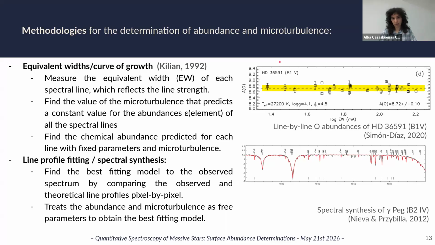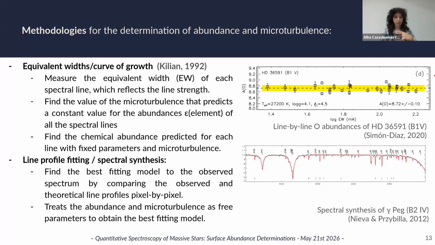Here on the top right, we show the result of an analysis made with this method, where we can see the predicted oxygen abundance for the different oxygen lines of a star with the equivalent width on the x-axis.